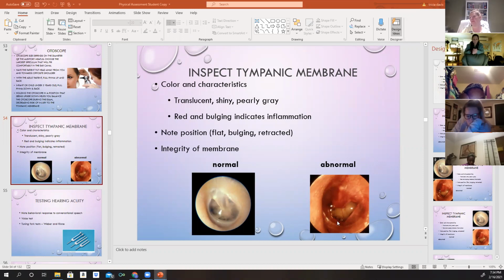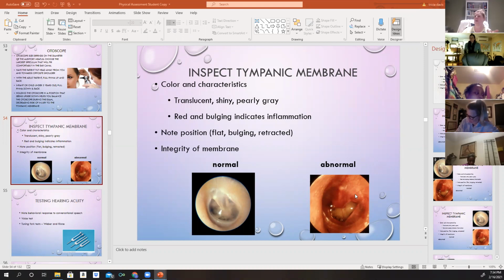It's very common for patients, especially children, to go undiagnosed with ear infections. This tympanic membrane can rupture. Very, very painful until it ruptures. Once it ruptures, they don't have a lot of pain because the pressure is relieved. It can heal, harder in adults to heal, easier in children.